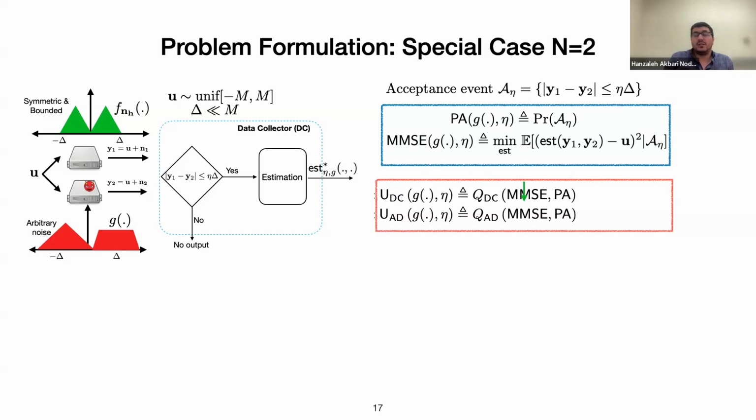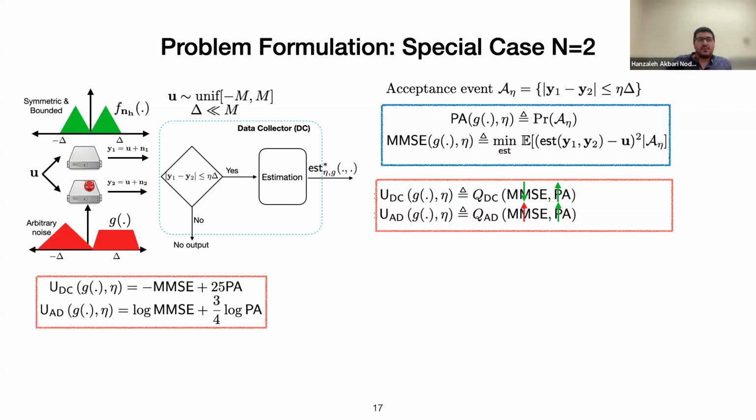Clearly, the data collector wants to decrease the level of the noise, and it is a decreasing function with respect to the probability of the acceptance or liveness. While for the adversary, the utility function is an increasing function with respect to MMSE, error, and also it is an increasing function with respect to the probability of acceptance.